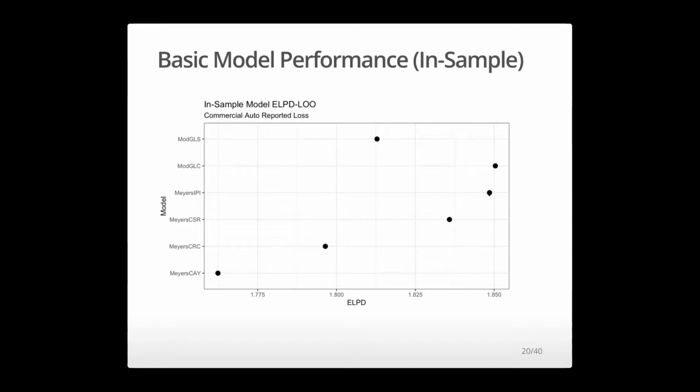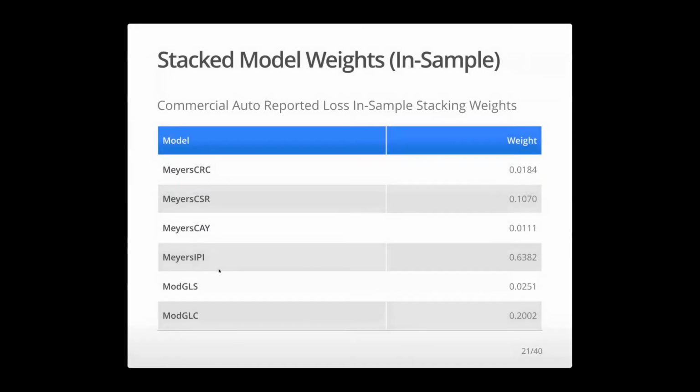And we see here that the best 2 models are the IPI model and the GLC model. They have a healthy margin over the next model, and then CAY is down here as far as worst performance. We can run this through stacking, and we obtain the following weights. So 60% weight goes on IPI, 20% weight goes on GLC, 10% goes on CSR, and the tail kind of goes down from there.